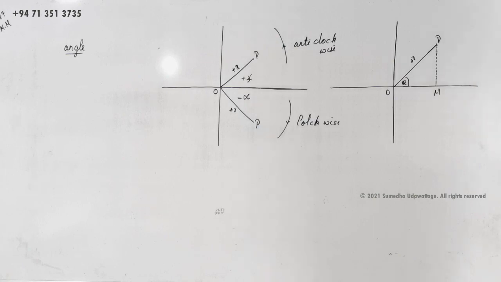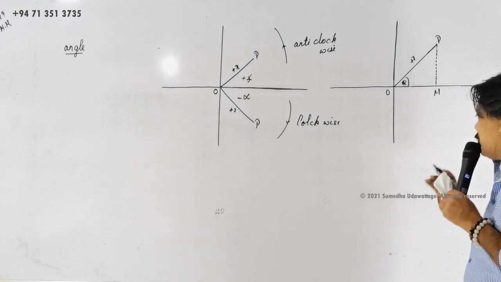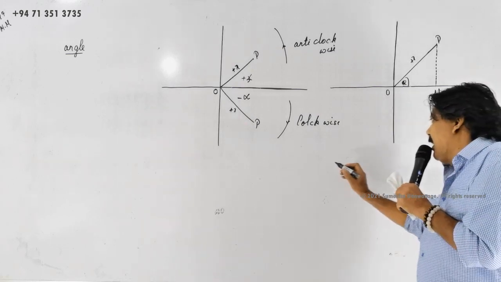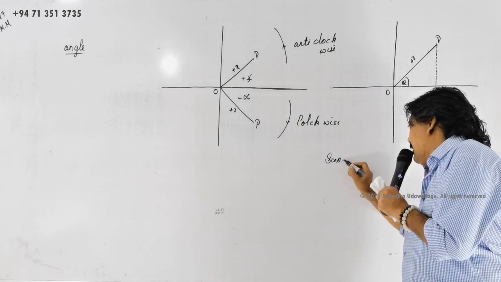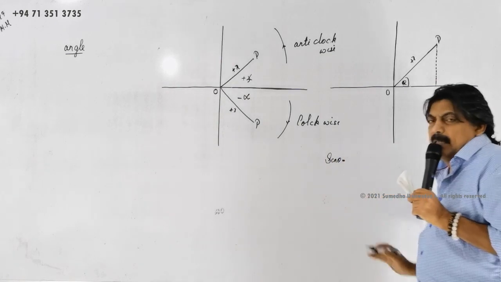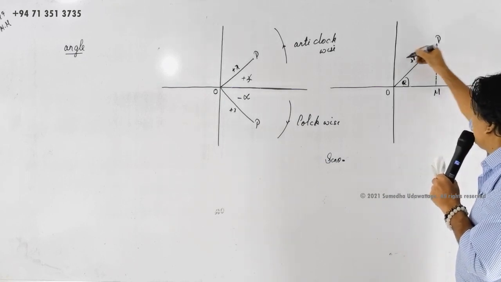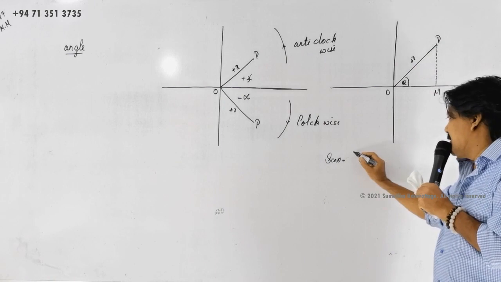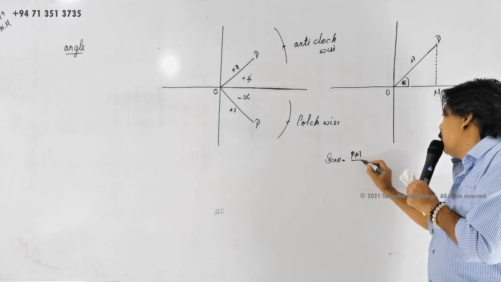The initial definitions of trigonometry: we define sine theta. This comes from O-level mathematics. Sine is what? Opposite divided by the hypotenuse, PM over OP.